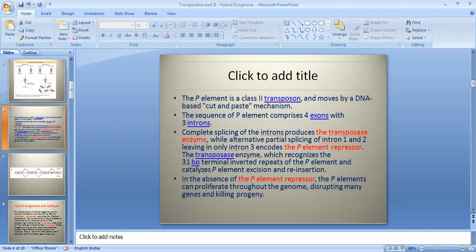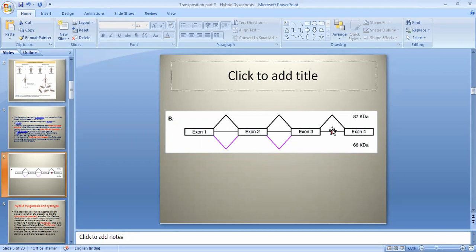Now, when these three introns are spliced off, and exon 1, exon 2, exon 3, exon 4 are spliced together, and translation occurs, it produces a longer peptide. It doesn't stop at the stop codon, and it produces a bigger protein, an 87 kilodalton protein.